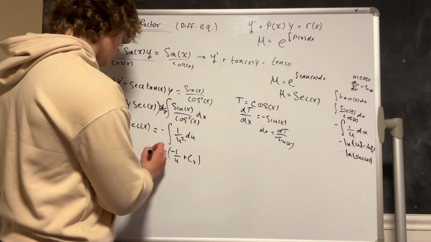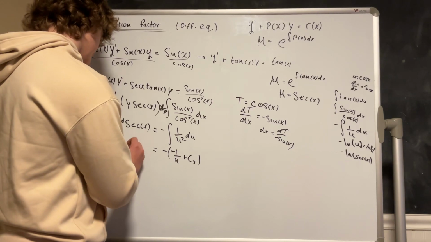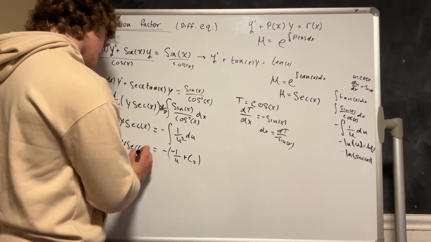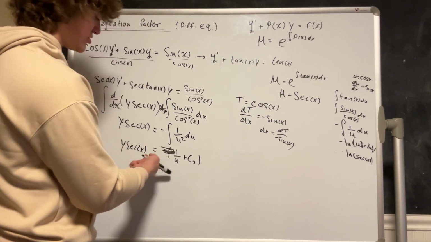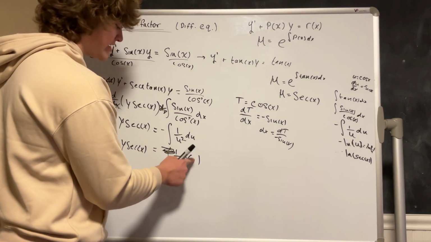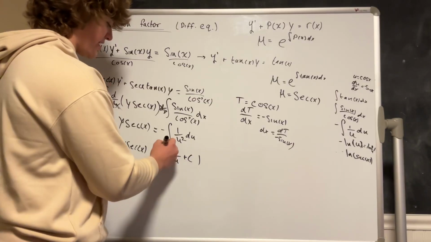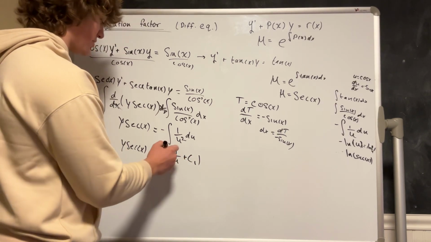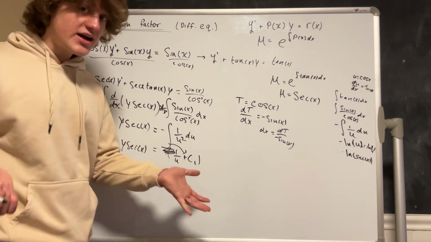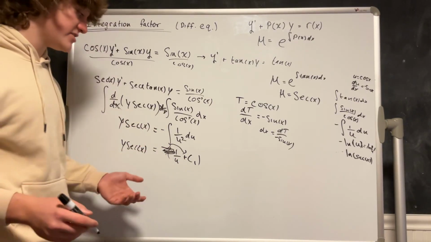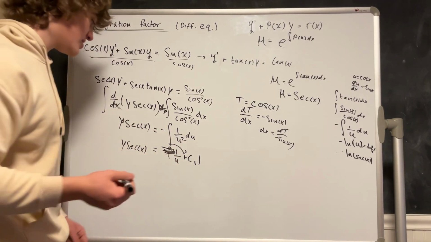Now that is equal to our y times secant of x. Now these just become positive, so this is just 1 over t, and then this constant we can just make into a different constant, which I will call c sub 1, after we multiply the negative 1 in. Since a negative constant is still just a constant, I don't see a reason to make that negative for no reason.